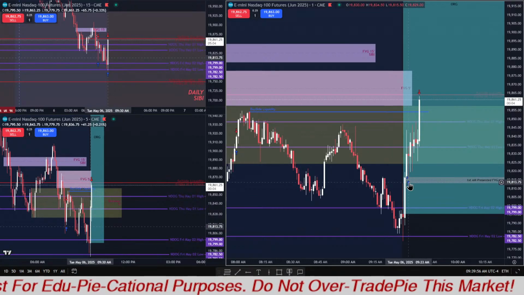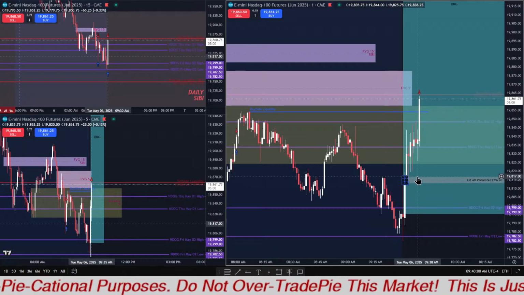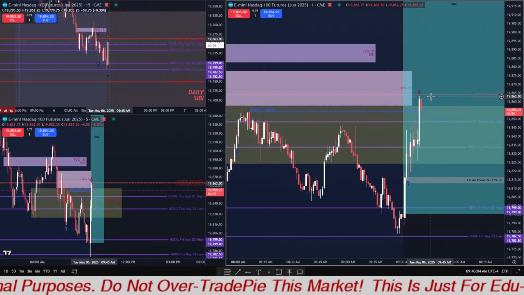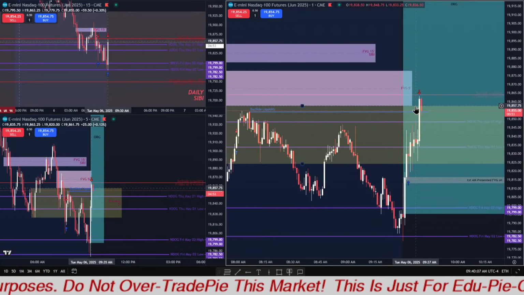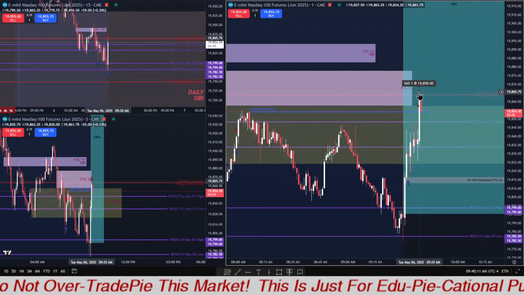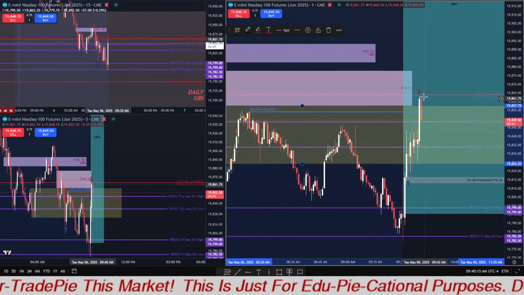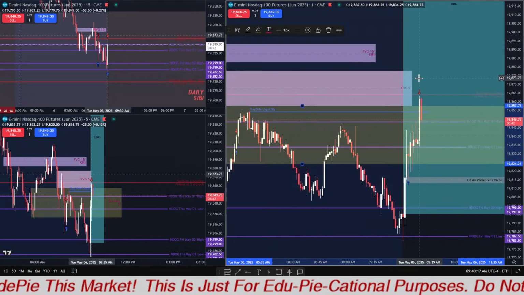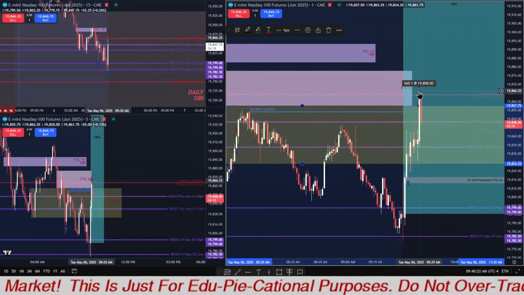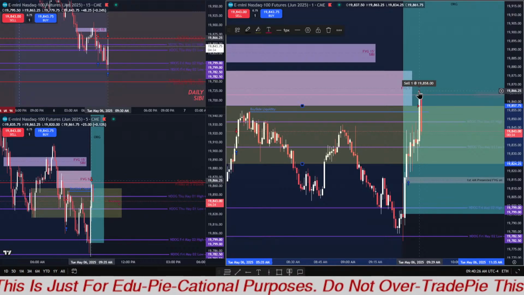I had one contract over here from the high of this first presented fair value gap, and we traded all the way up to the level over here, top of the 5-minute breaker. The 5-minute breaker is 19,857.3 quarter, and my position was 58 even.